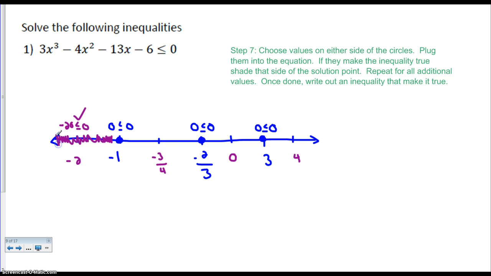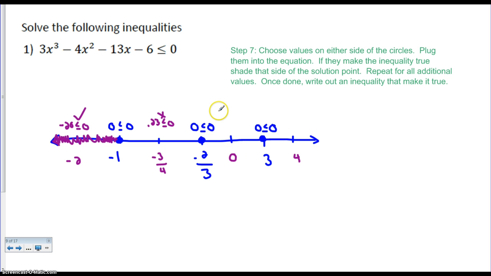So that means any value on this side of negative 1 is a solution. Okay? Like I can plug negative 10 in, and it's going to make this inequality true. Now, when I plug negative 3/4 in, I get approximately 0.23. Is that less than or equal to 0? No. So that means no value between negative 1 and negative 2/3 is a solution.